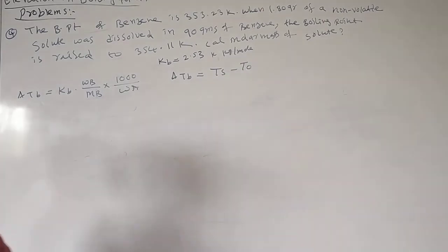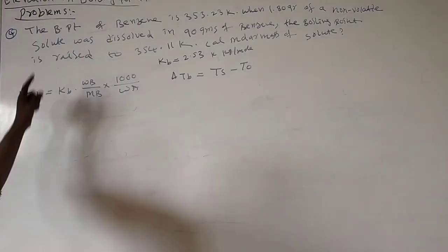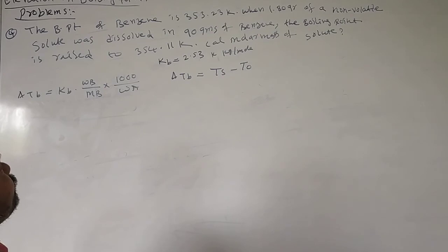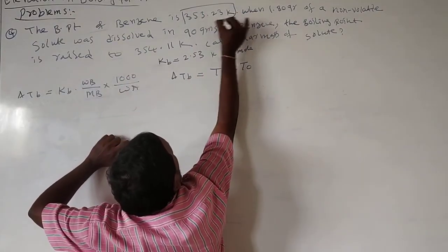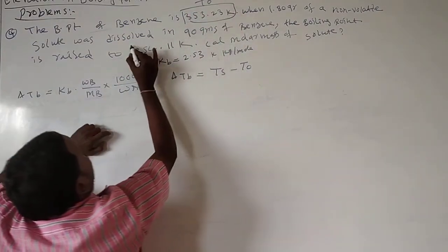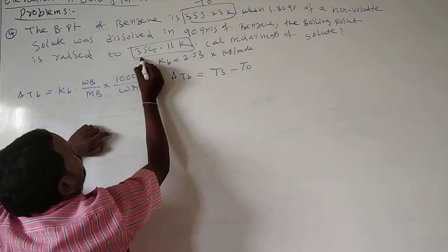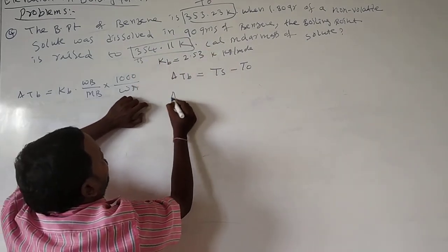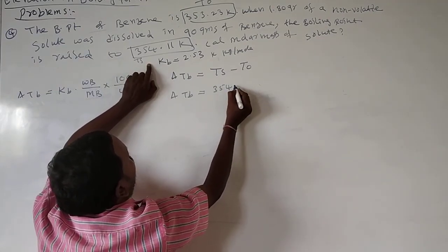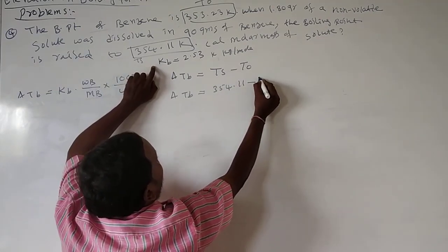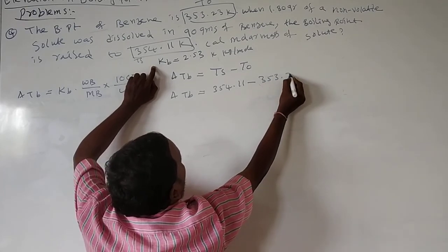What is the Ts here? The boiling point of pure benzene is 353.23 Kelvin. That is T0. This is the solution, this is Ts. ΔTb is equal to Ts, 354.11, minus 353.23.